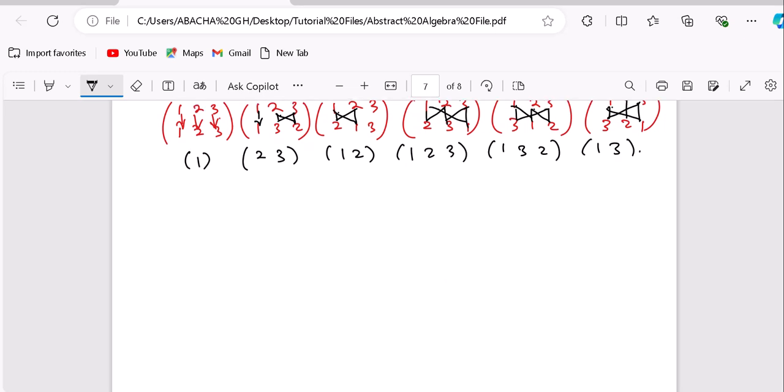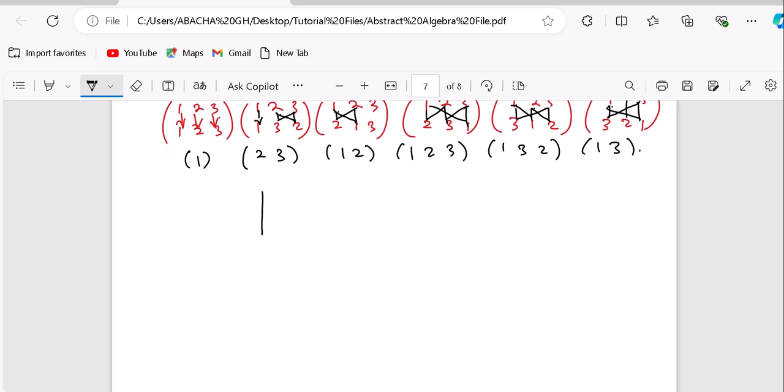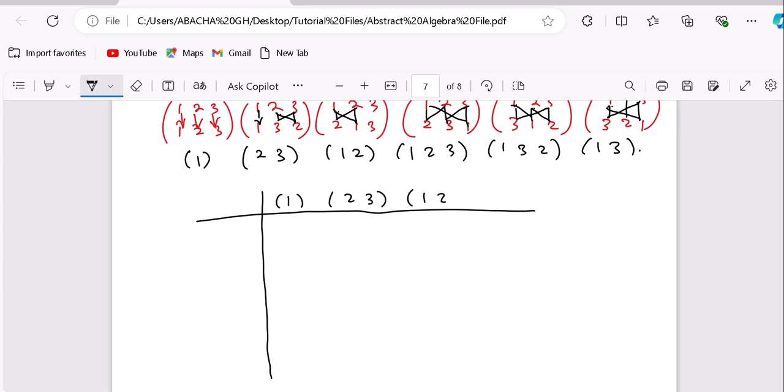So we have to draw a Cayley table for this, and that's going to be daunting, but we'll try our possible best. We have the identity element as usual, then (2 3), (1 2), I'm going to bring the smaller ones first, (1 3), (1 2 3), and then (1 3 2) for this element.